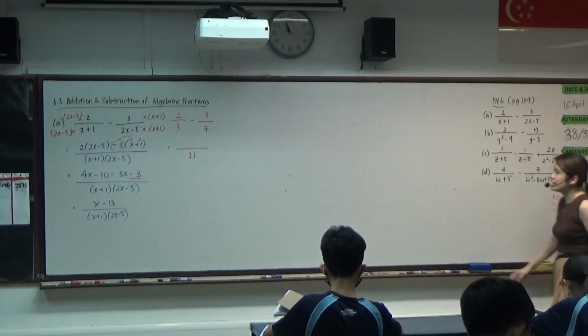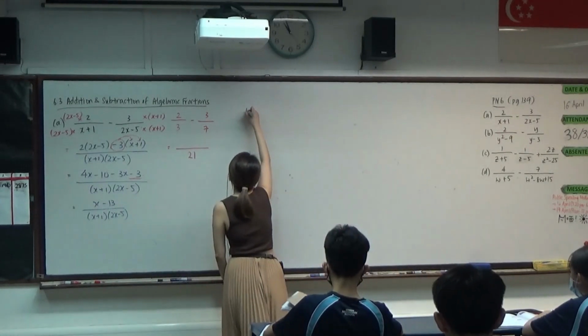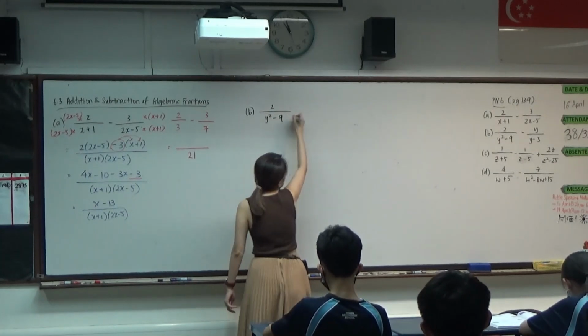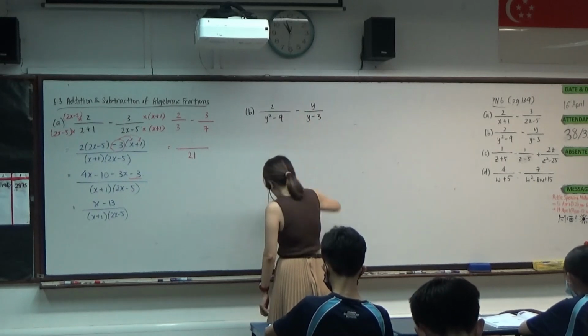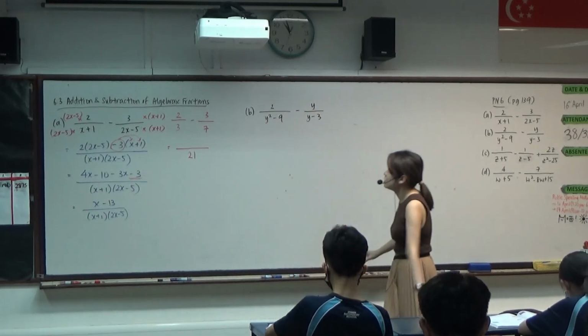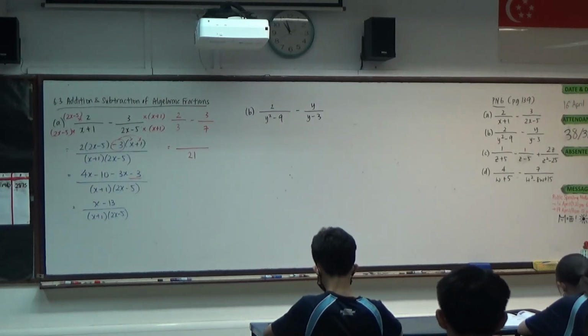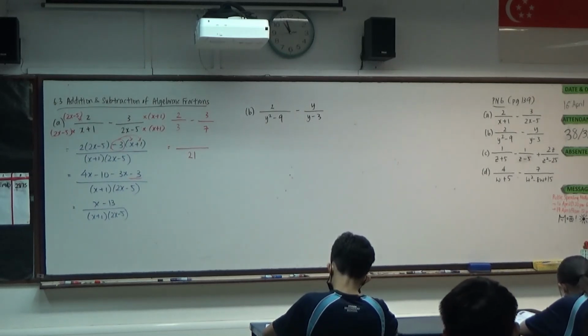So let's look at part B, shall we? In part B, although they look a little different, one is with y squared minus 9 and the other y minus 3, we are aware that y squared minus 9 can be factorized.